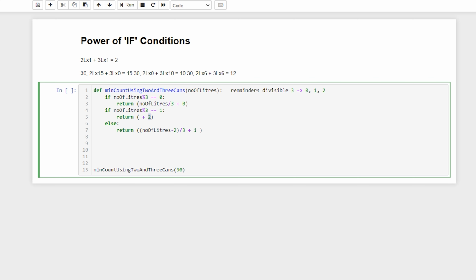The remaining is 7 liter minus 4, divided by 3. This 4 comes from 2 into 2 liters, 4. So total number of liters 7, 7 minus 4, 3, 3 divided by 3, 1. So total 3 times. Got it?